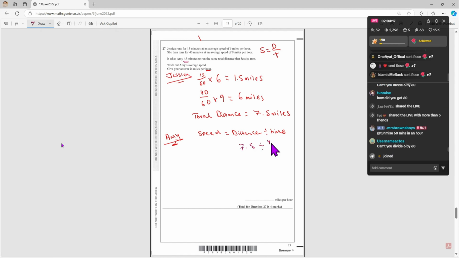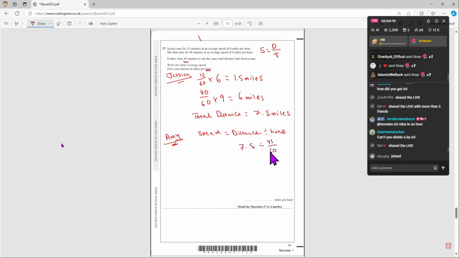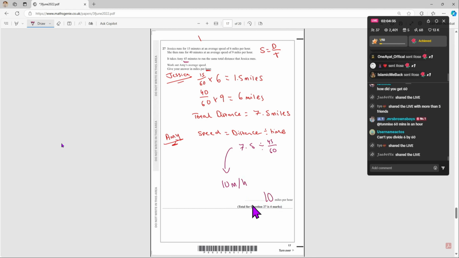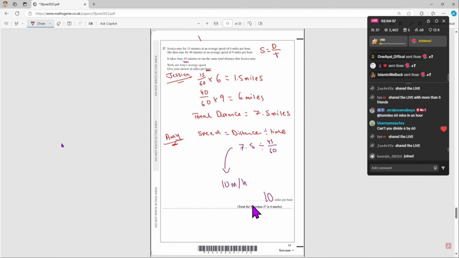Remember, it's 45 over 60. When you do 7.5 divided by 45 over 60, you get an answer of 10 miles an hour. So that is going to be your final answer. 10 miles per hour is your answer. Okay, guys? That was a 4-mark question.